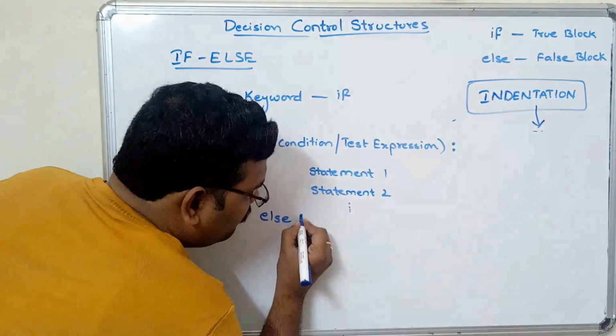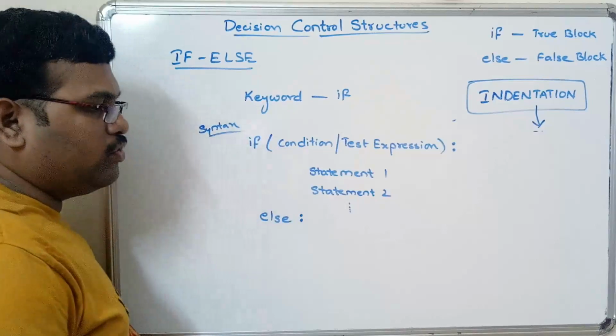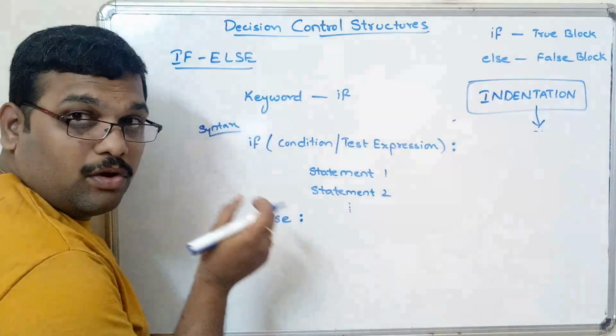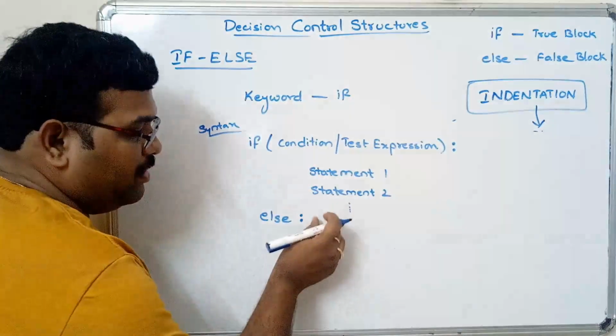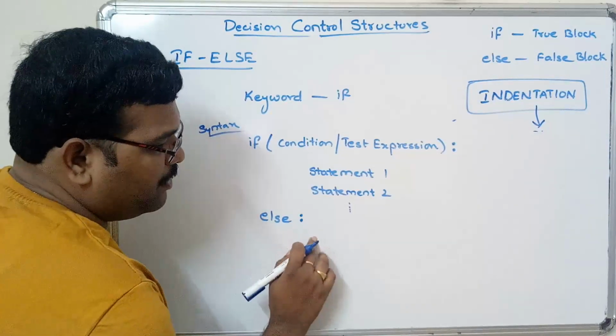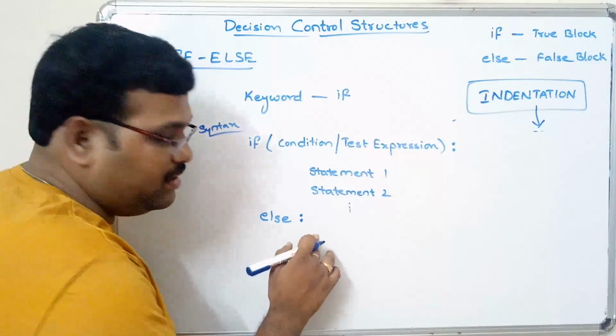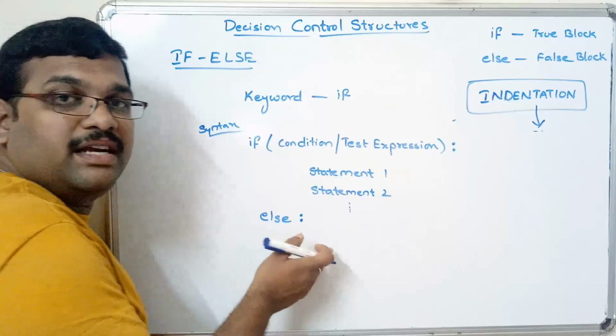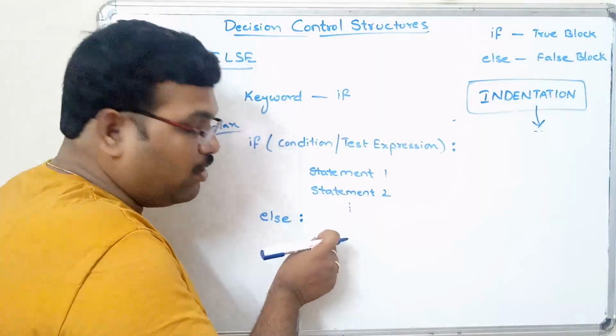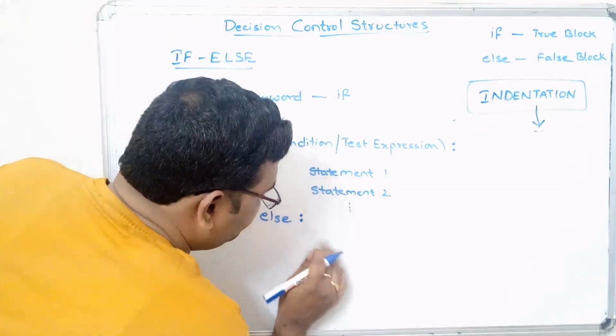Else, again we have to include the colon. So automatically the cursor will start blinking from this alignment. That means it will leave the 4 spaces and it will start blinking on the 5th position.